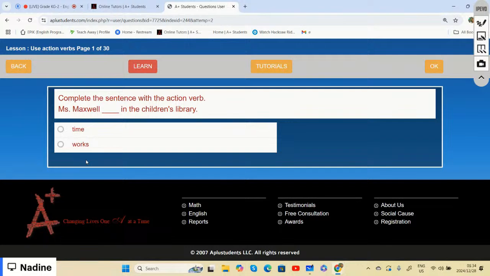So which one is correct? Miss Maxwell time in the children's library, option one, or Miss Maxwell works in the children's library, option two?